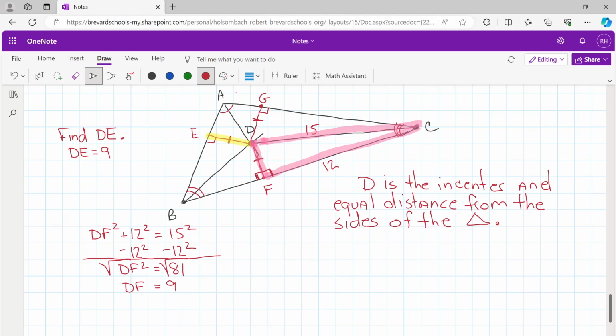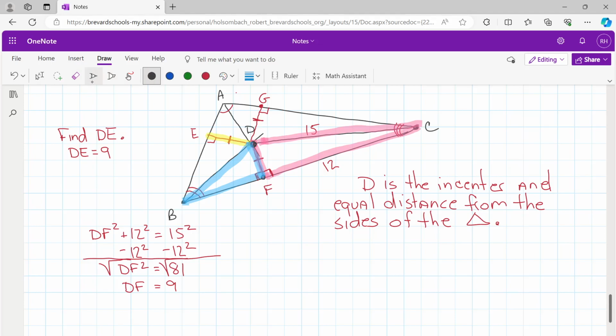So when you're doing these incenter problems today, don't forget that all of these triangles that have the distance from the incenter to the side as a leg, those are all right triangles. This yellow triangle here, or this blue triangle, this is another right triangle. BF squared plus DF squared equals BD squared. Okay?